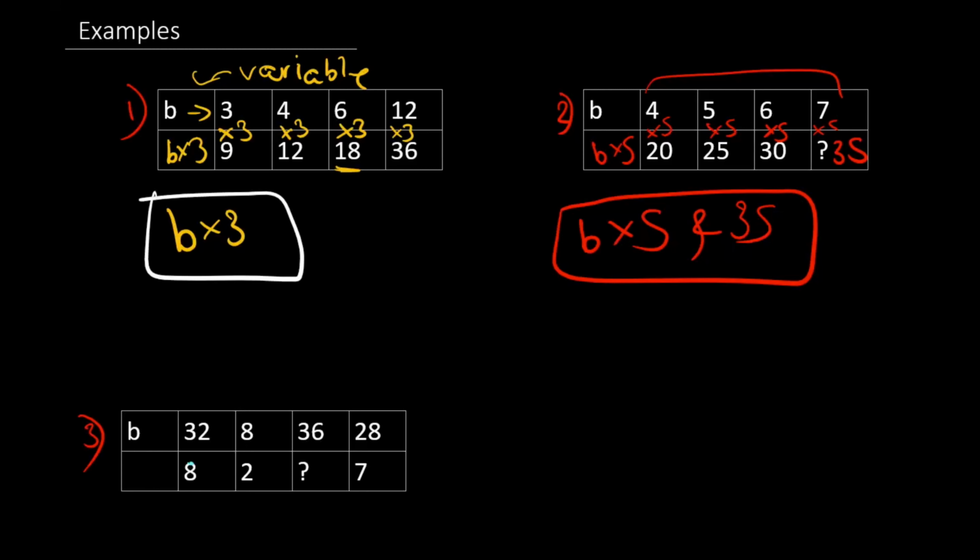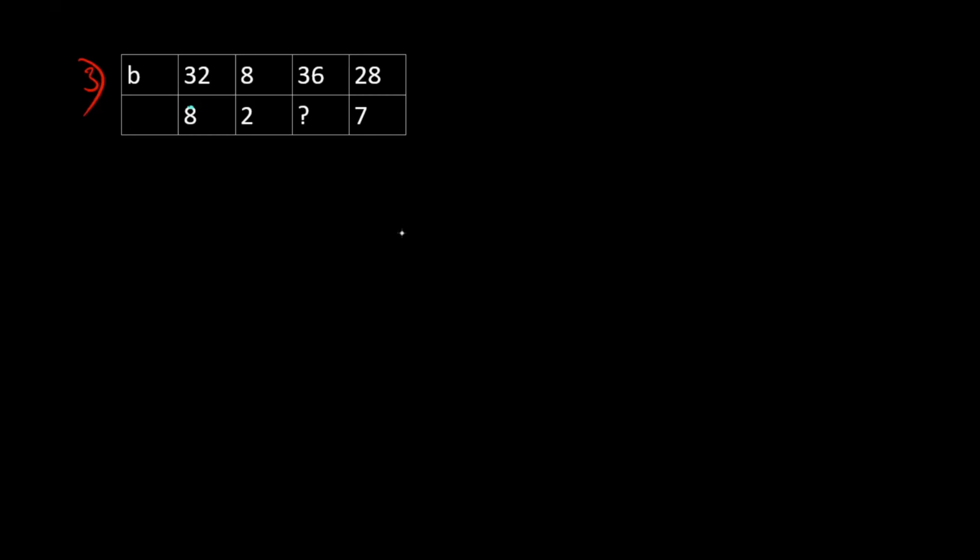Okay, now let's do the third question. Let me just scroll it down. This is a division expression because the top number, 28, is greater than 7, or you can say 7 is less than 28, or 32 is greater than 8.